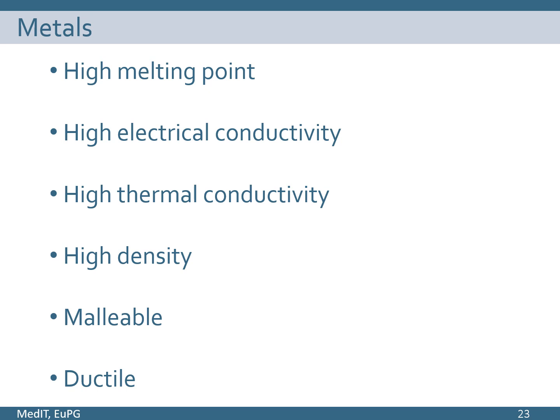So let's start with the first question. Why do metals have a high melting point? Why do they require so much heat to melt? So I guess you have the answer because I usually get the right answer from my students.